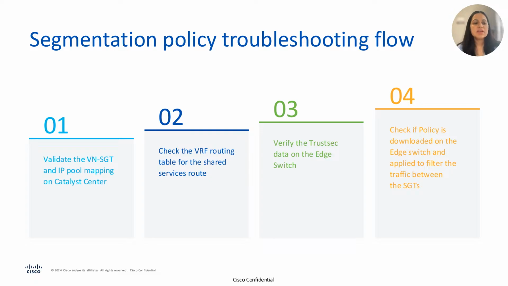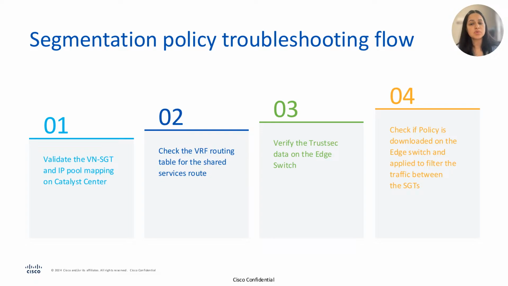Because we have seen scenarios where segmentation policies are not working just because the SGTs are mapped to the wrong VN. So it's important to check whether it's mapped to the correct VN or not. After that, the next thing that we can check is the IP pool assignment. When we create a virtual network on Catalyst Center, we also reserve an IP pool for that virtual network, from where all the IPs will be assigned to the user.